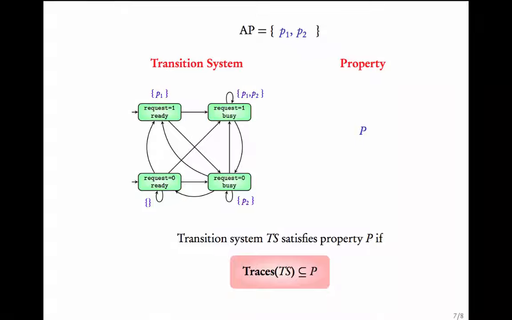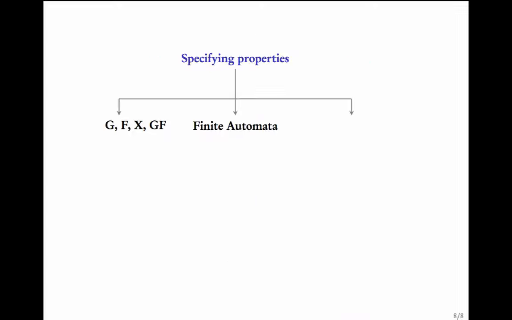We have seen ways of describing this set using the operators G, F, X, GF, and in the last unit we saw what are called finite automata, and finite automata can help us specify safety properties. And how do they do that? They describe the set of bad prefixes, and the property is just the words which avoid these bad prefixes.